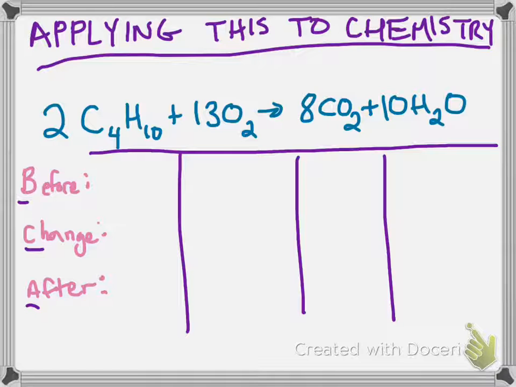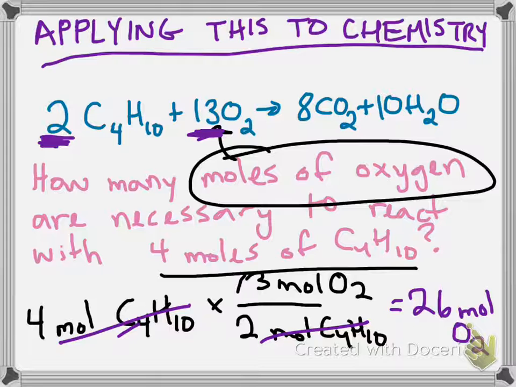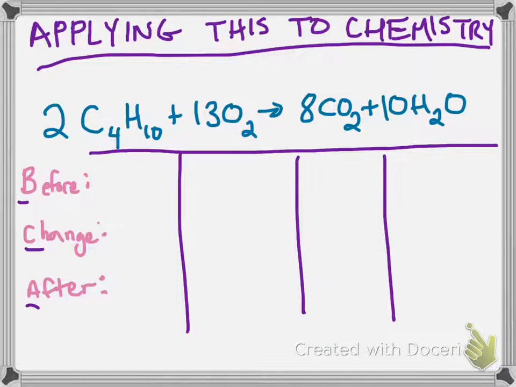So in my first box, that's going to be for C4H10. My second column is for O2, and so on. So in this case, I am starting with 4 moles of C4H10. So if I start before with 4 moles of C4H10, my change is going to be minus 4. I want to lose all of those moles so that afterwards I'm left with 0.